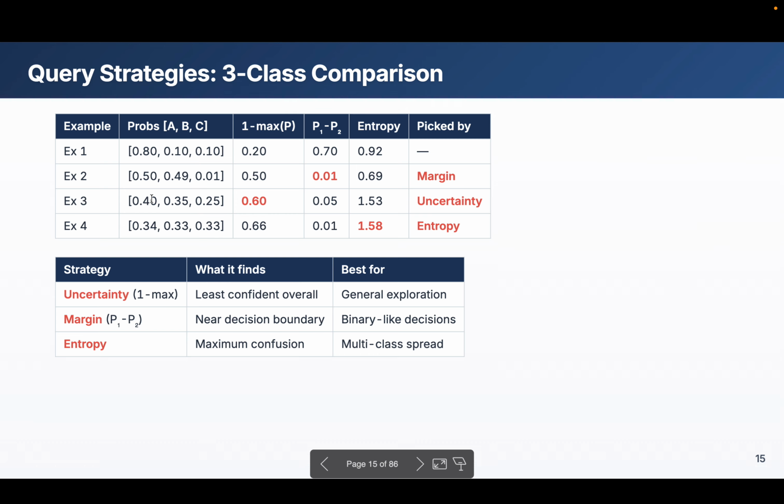In this case, we'll choose this example 3 because the most likely class is also not very probable. That is the intuition behind 1 minus max p. You say that the most probable class also has a probability of only 0.4. Maybe we are not very sure, therefore label that.